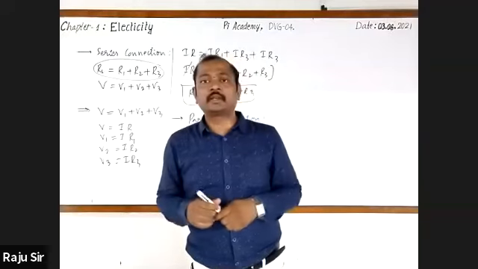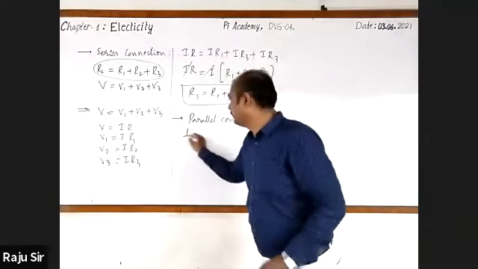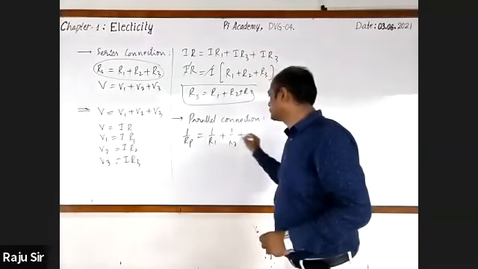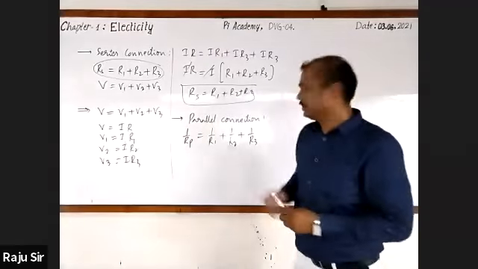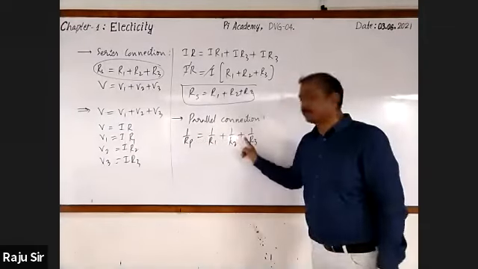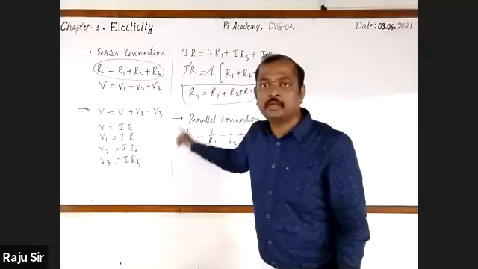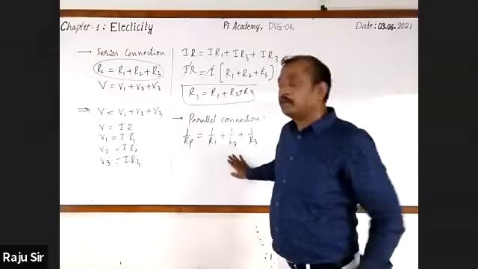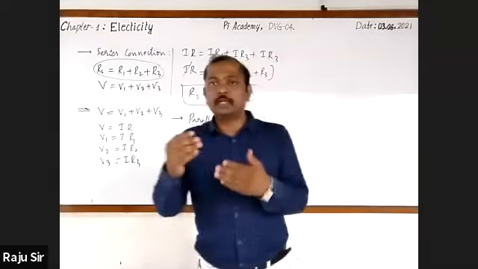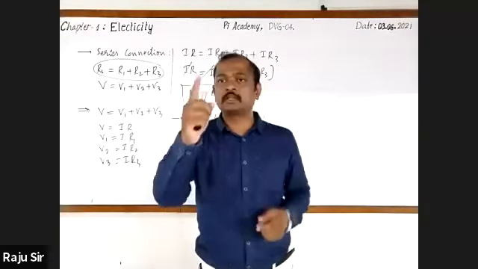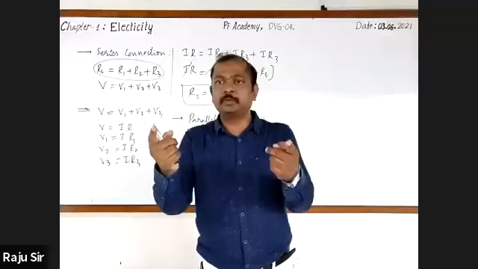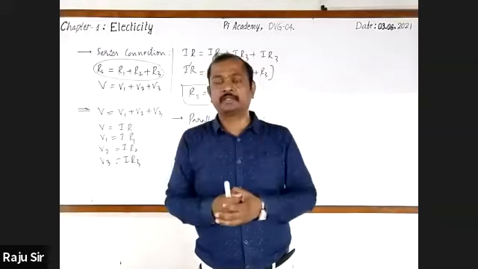Then total electric resistance can be written as 1 by Rp is equal to 1 by R1 plus 1 by R2 plus 1 by R3. So the reciprocal of total electric resistance is equal to the sum of reciprocals of individual resistances. Then with respect to voltage, in case of parallel connection, the voltage across each resistor is the same because the voltmeter is to be connected between two same points.